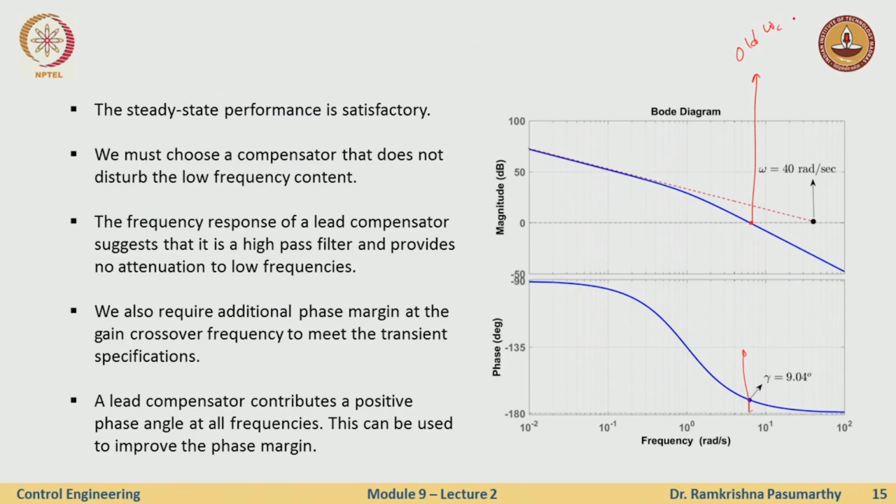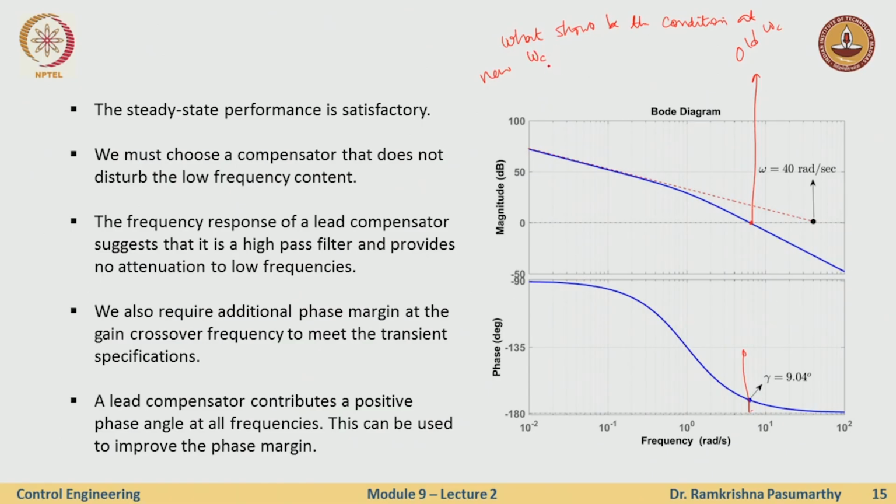Now, what should be the condition at the new gain crossover frequency, call it omega c. Okay.